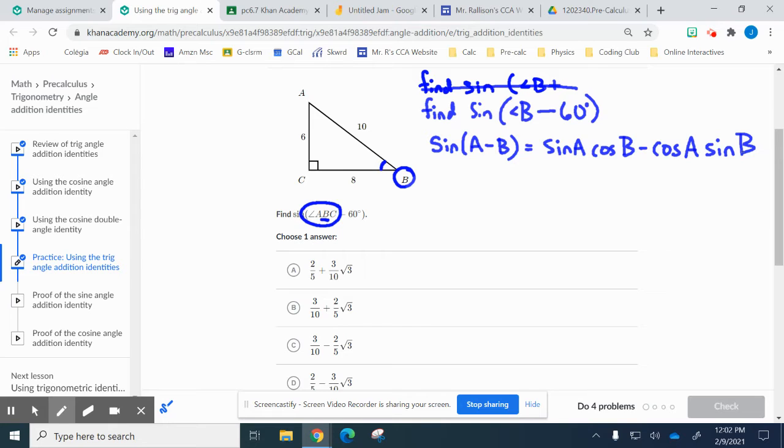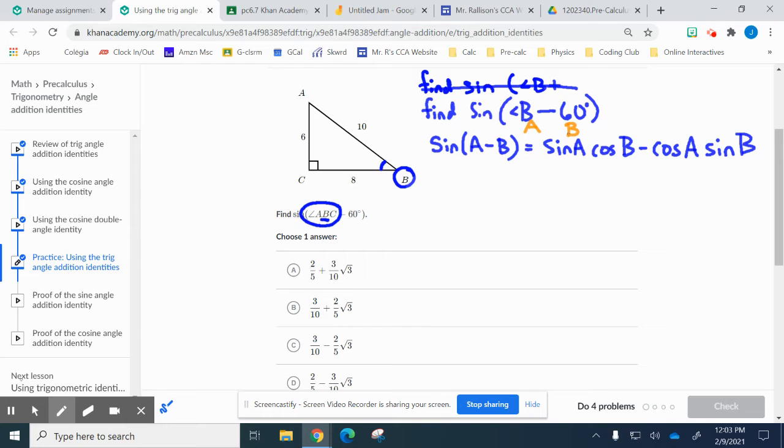So now what we have to do is figure out the sine and cosine of A and B. The thing you've got to remember is that A and B are not linked to the A, B, C on the triangle. The A and B are these positions. This is the A position, and this is the B position.